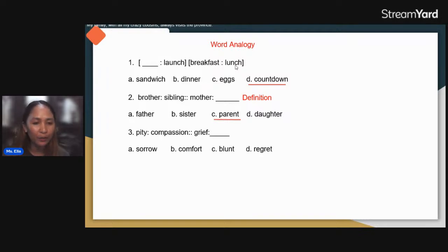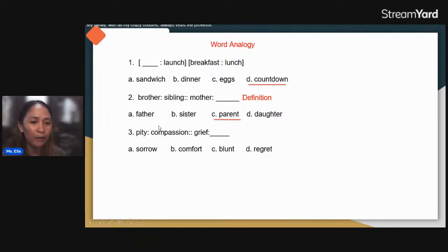How about number three? We have pity to compassion and grief to blank. First, we must find out the relationship between these two words.